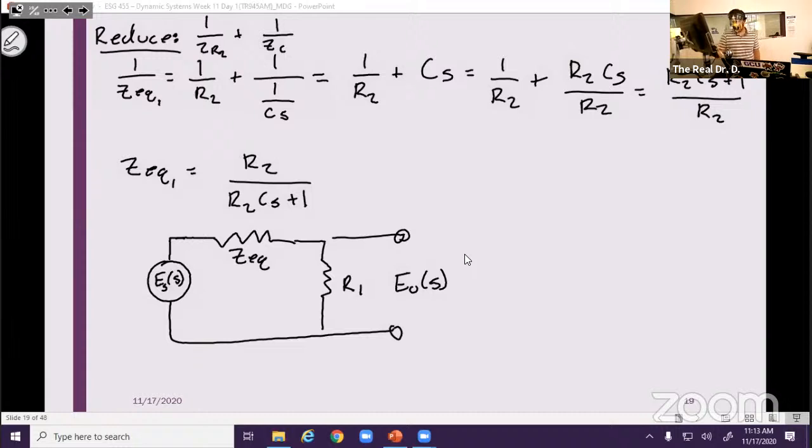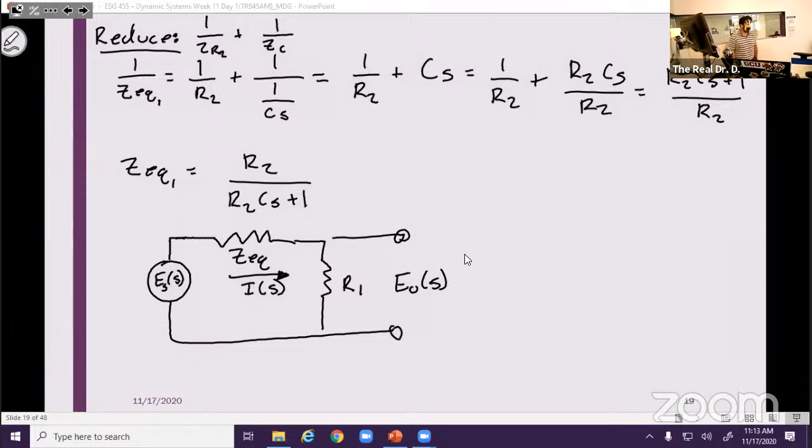Right? So this is my new circuit after I've made my equivalent impedance. There's some current now that I'm going to call I of S coming through here. And notice it's not a node anymore, right? That's a terminal, so that doesn't count as a node, right? So this is now a single loop circuit.